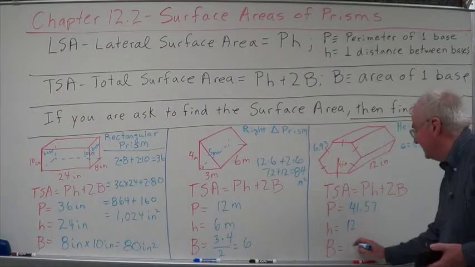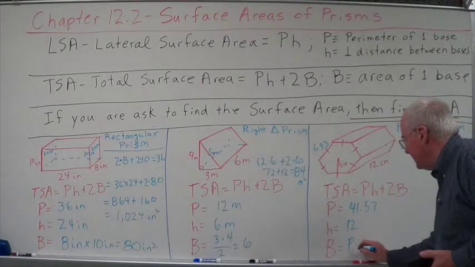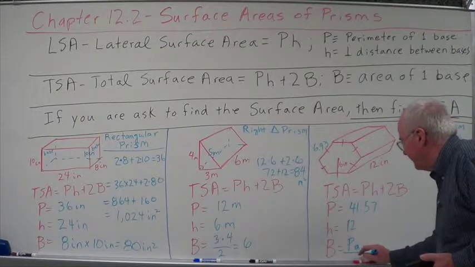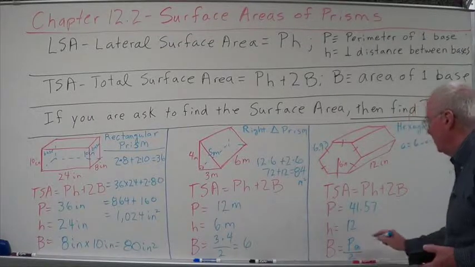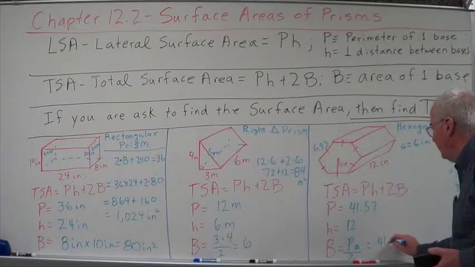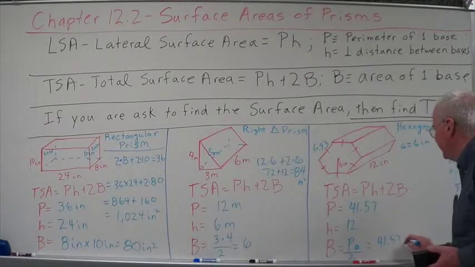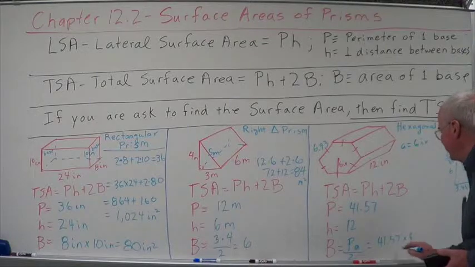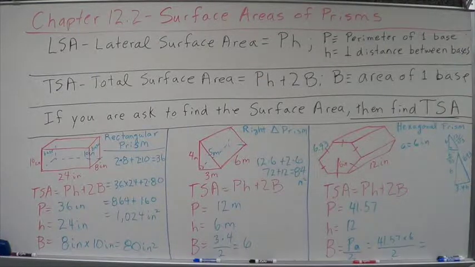Area of the base should be big P times A divided by 2. Big P is 41.57 times 6 divided by 2, which equals 124.71.